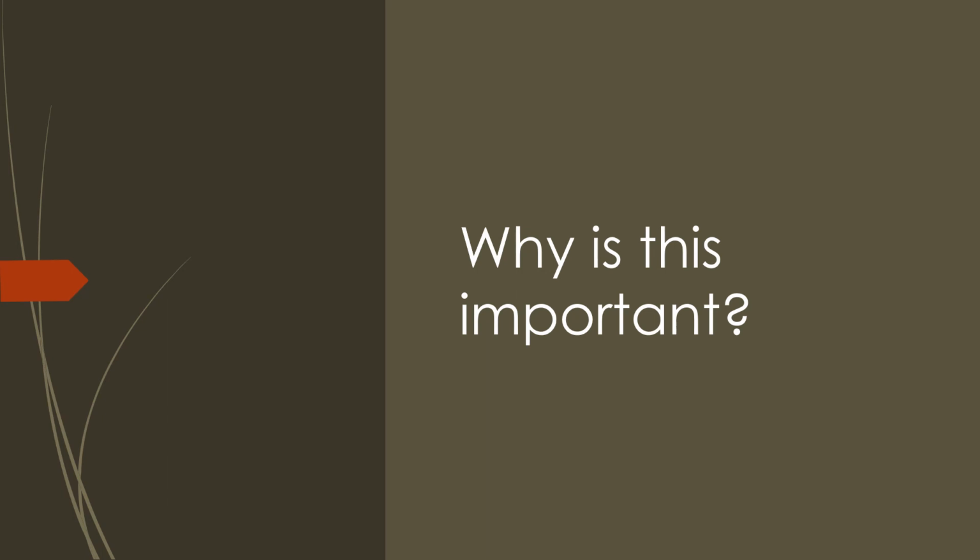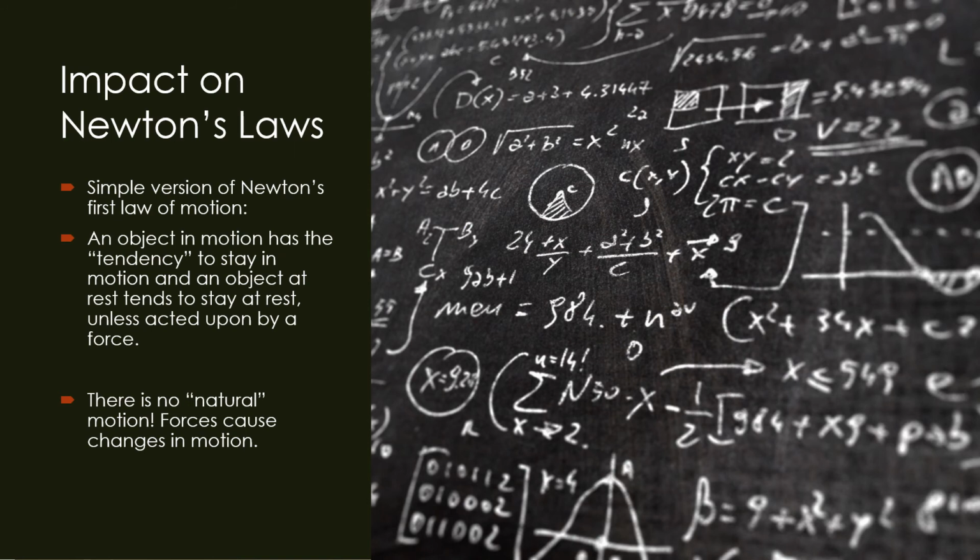So he keeps citing him, keeps having all these quotations from his book. Newton says, man, I need to read John Philoponus, the commentary on Aristotle's physics. So what is the impact that Philoponus had on Newton's laws? Well, the theory of impetus is what leads directly to Newton's first law of motion. Newton's first law says that an object in motion has a tendency, or an inertia is what he uses.